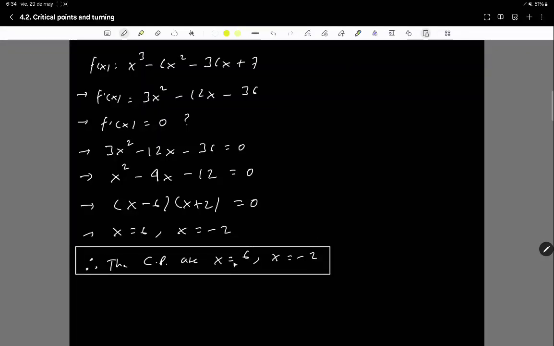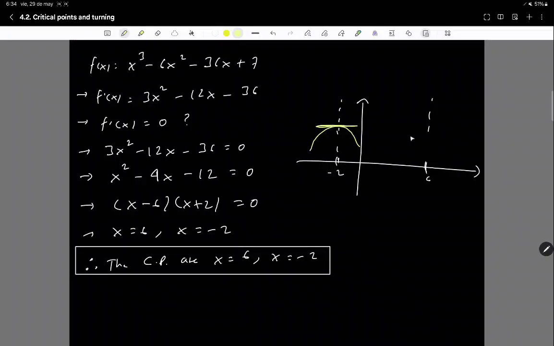of my function. At these points, at x equals 6 and x equals minus 2, let me quickly sketch that for you. Suppose this is minus 2, suppose this is 6. At those points, guys, my function will have the tangent, listen very closely, the tangent to the function will have its slope equal to 0, like this.